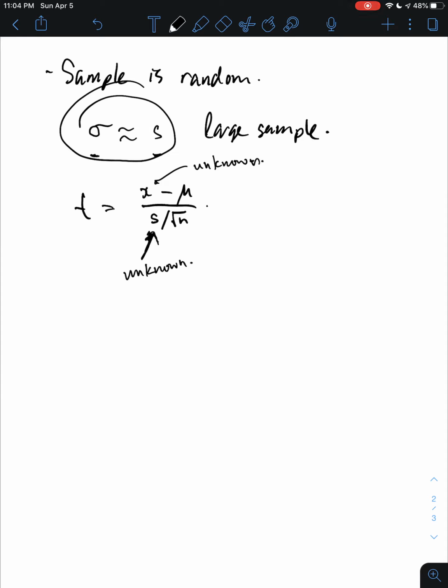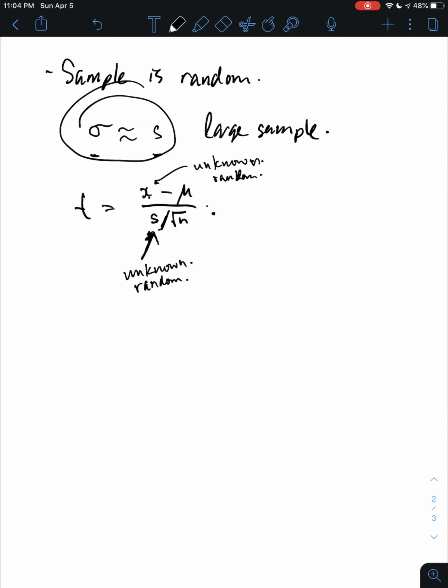So that was not unknown or random. I mean, I guess I should say random here. So there's more randomness in this expression for small samples than there is for large samples. There's more variability in both S and X than there would be for a large sample.